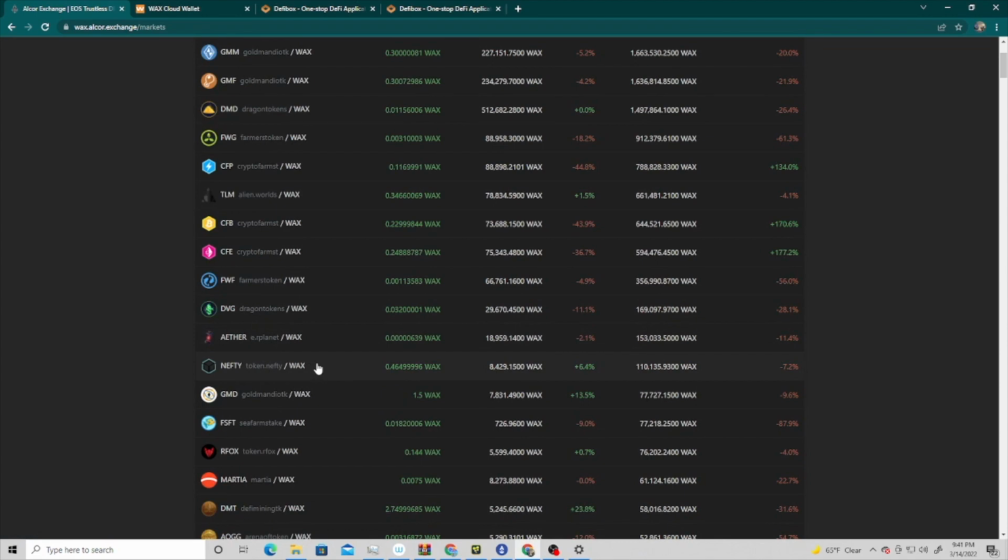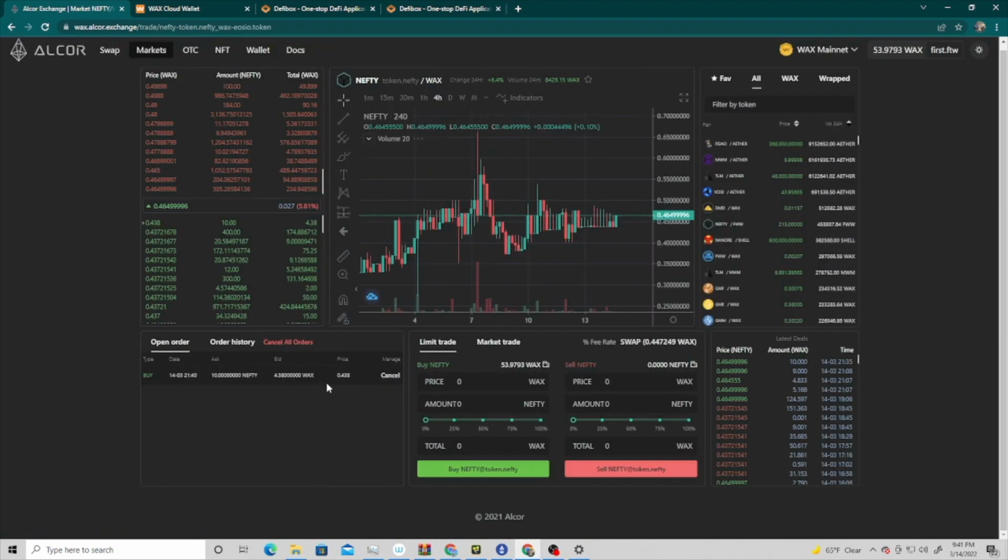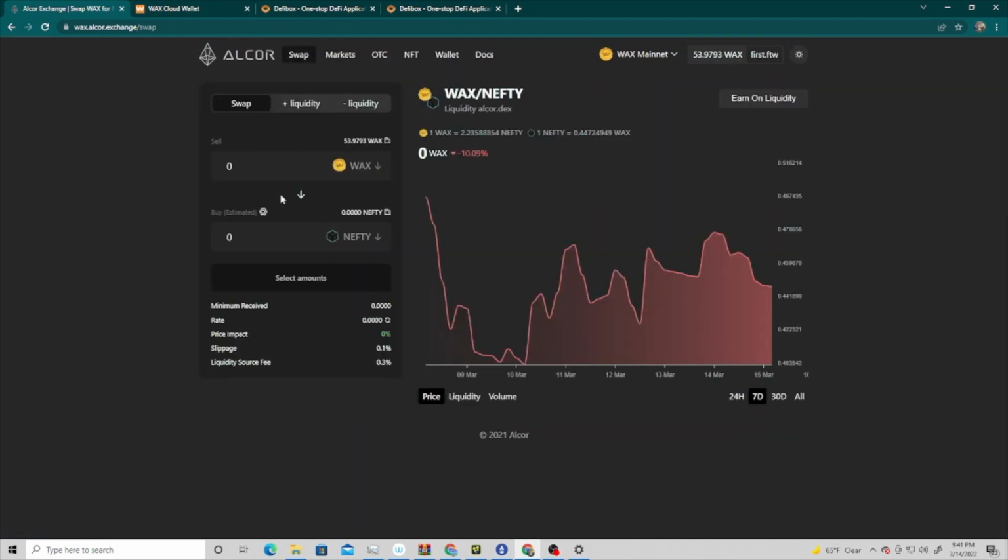with my 10 Wax here, I'm asking for, oh, that's 4 Wax. Okay, so if I was asking for the same price and I said 10 Wax, that would be 22.8, whereas right now the immediate available price on the swap for 10 Wax is 22.2. So I'm asking for a little bit higher price, but this is available right now and I could literally hit swap.